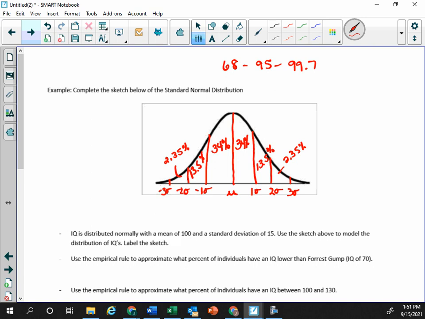What does that leave for beyond 3 standard deviations away? How much will be on each side there? So 0.3 between both sides, so how much on each side? Yeah, 0.15 in there. 0.15%, so a very small amount.